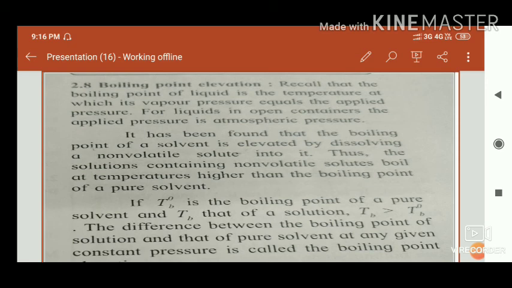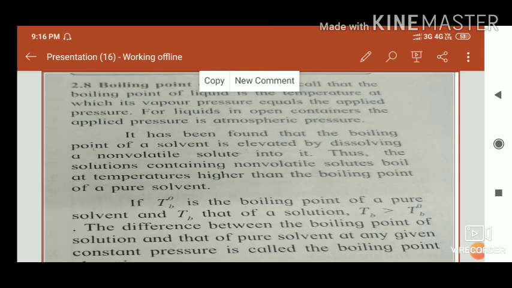By adding such a non-volatile solute into the solvent, the boiling point of that solution is increased and it is called boiling point elevation.